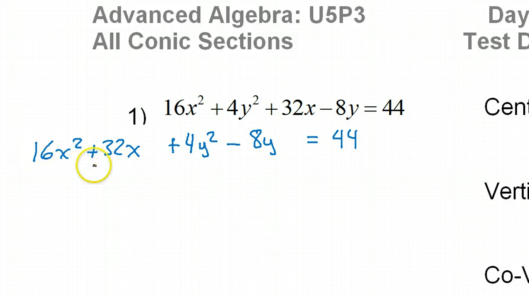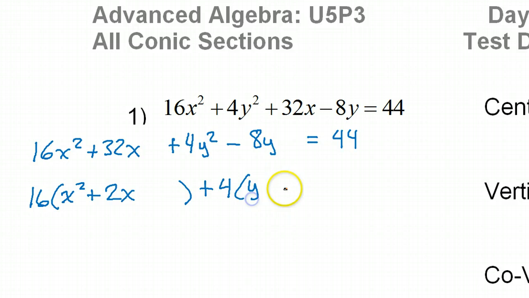Now that's 16 and the 4, we have to factor out these common factors, so I'm going to bring the 16 outside of the parentheses and I will have x squared plus 2x, leave a space. I'm going to bring out the 4 too, so I'm going to have 4 outside the parentheses and then y squared minus 2y, leave a space, is equal to 44.